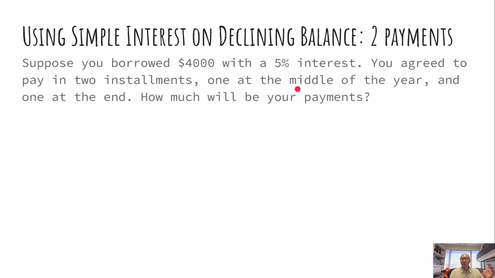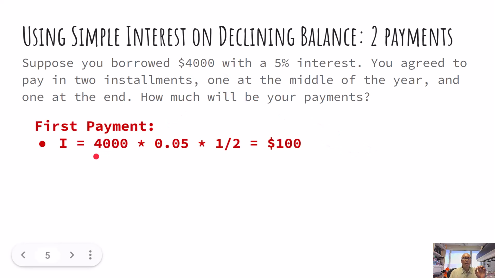One's going to be in the middle of the year, let's say July 1st or June 30th, and then one at the end of the year. So how much are your payments going to be? Let's first decide how much the payment is for the first part. With a $4,000 balance, you're going to pay in 2 installments, so half of that is $2,000.